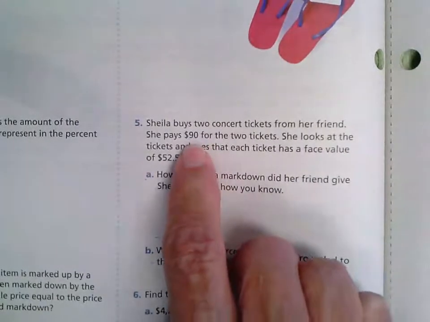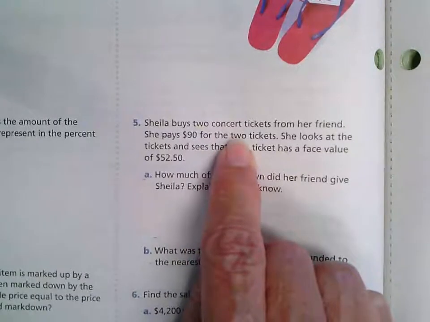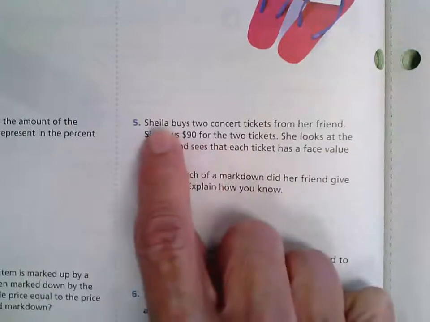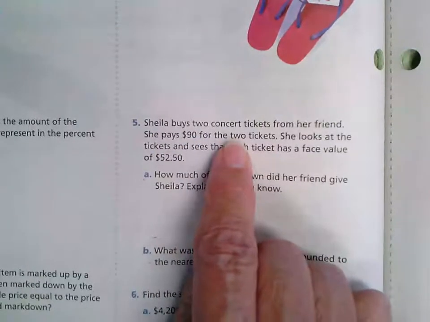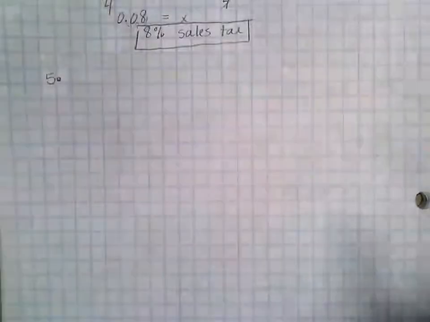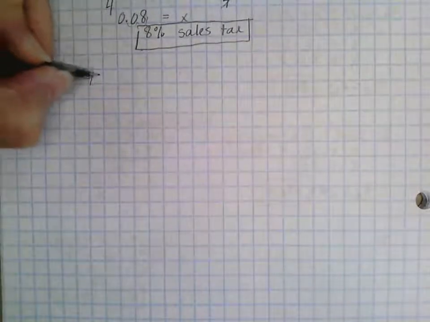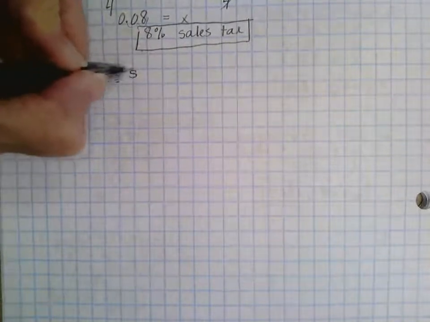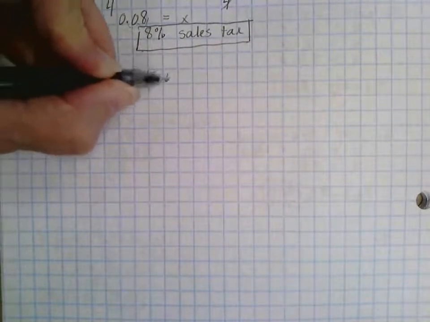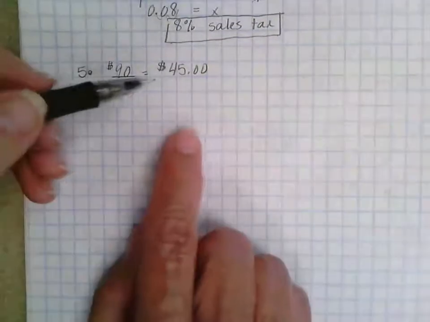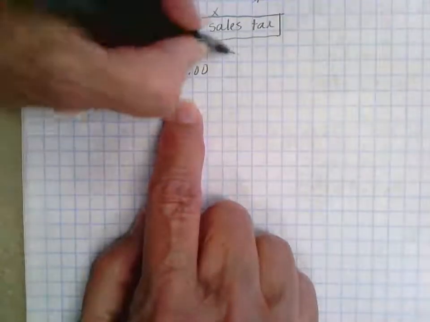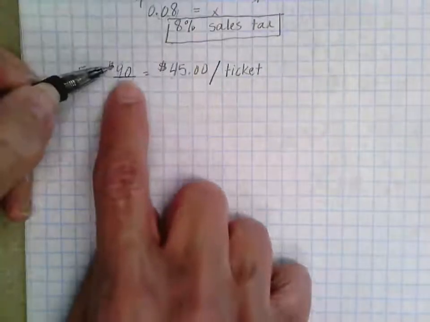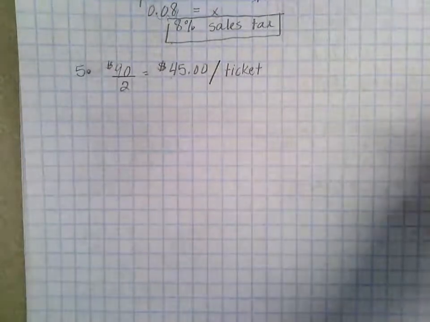Well, she paid $90 for 2 tickets. So the first thing we need to do is find out how much Sheila paid for 1 ticket. So that's going to be our first step, is to take $90 and divide it by 2. So that means that Sheila actually paid $45 per ticket when she gave her friend $90, because she got 2 tickets.